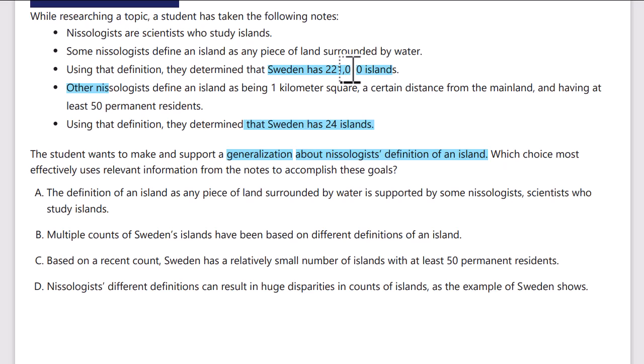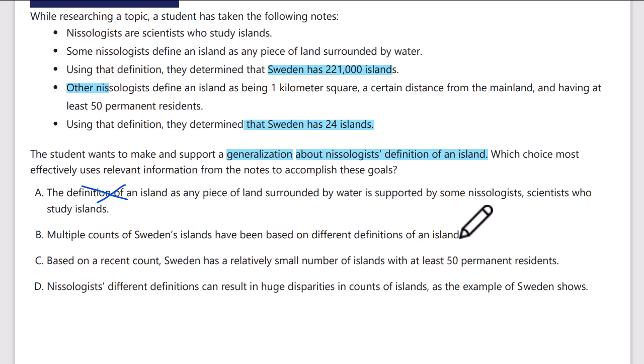Let's see which answer choices include that detail. The definition of an island is any piece of land surrounded by water, supported by some knesologists, scientists who study islands. No, that says nothing about the generalization we want, so that's not the right answer. Multiple counts of Sweden's islands have been based on different definitions of an island. That's exactly correct.